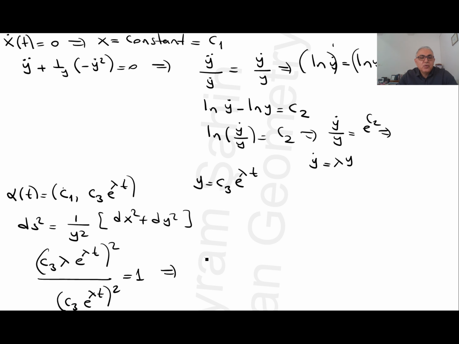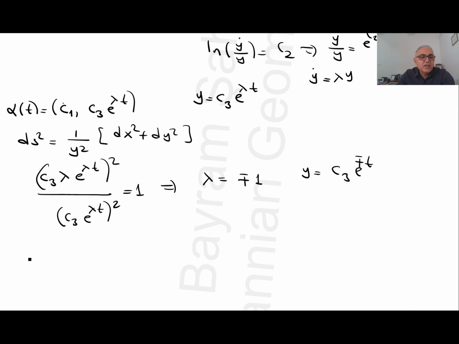So from this we find lambda is negative or positive 1. So y becomes c3 e to negative or positive t.